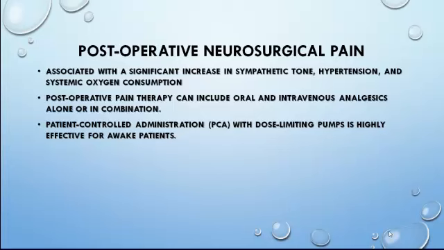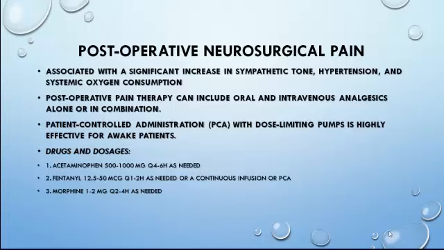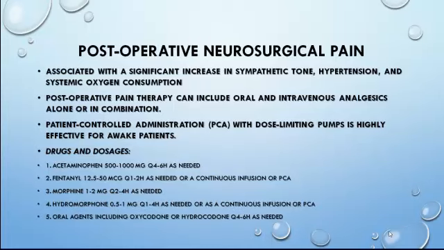Also, we can use patient-controlled analgesia, in dose-limited pumps, which is highly effective only if the patient is awake. Drugs that can be used include acetaminophen, fentanyl, morphine, hydromorphone, and oral agents like oxycodone and so on.